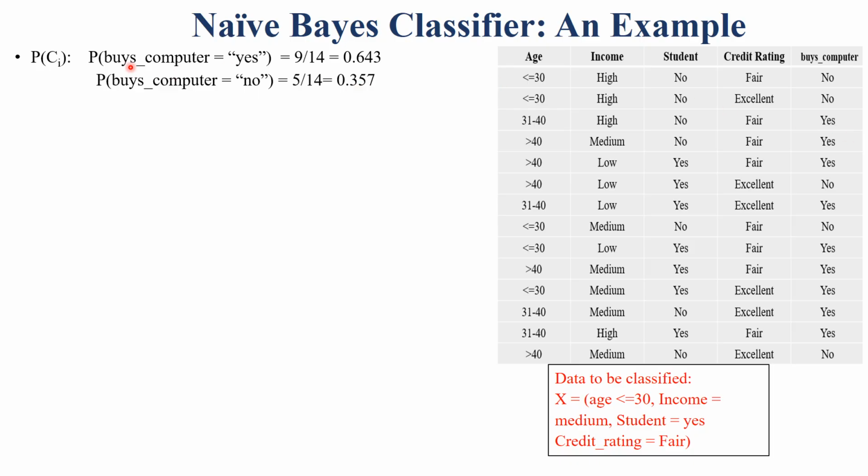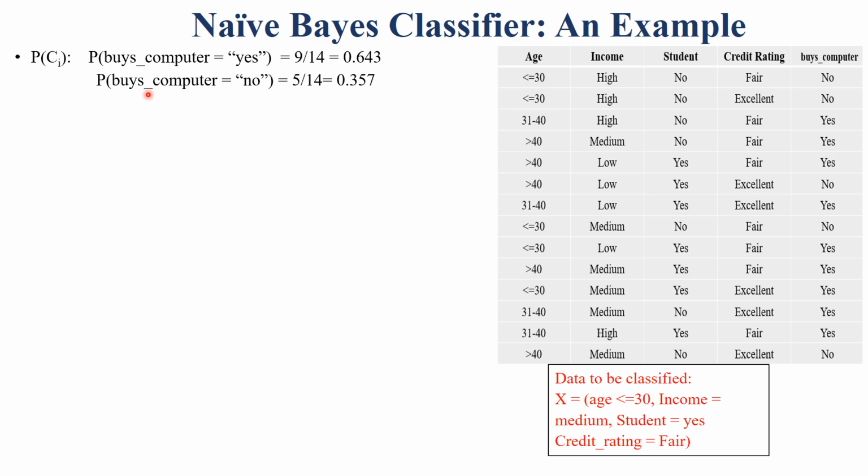For the first class, buying computer equal to yes, there are 14 records here, out of which there are 9 records which tell the buys computer value as yes. 1, 2, 3, 4, 5, 6, 7, 8 and 9. So 9 divided by 14 is 0.643.